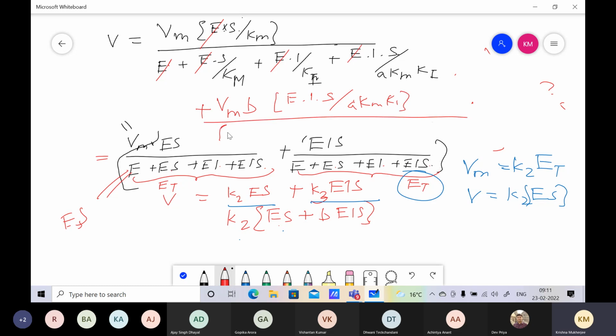I've divided by the same fraction, E plus E into S by Km plus E into I upon Ki plus E into I into S by A Km Ki. Or it is 1 upon A, I do not know. I wanted to go back and do this algebra. And so we divide by E, gone. So we have this term here, the second term.